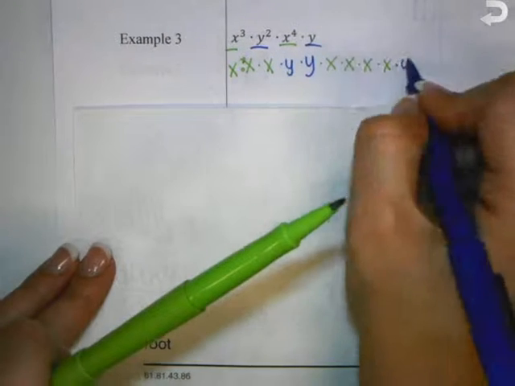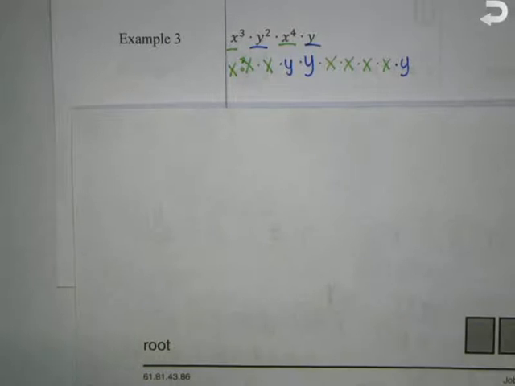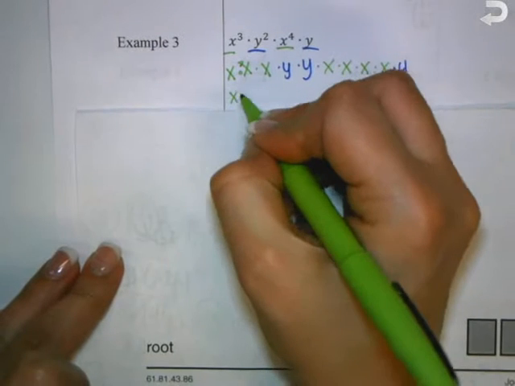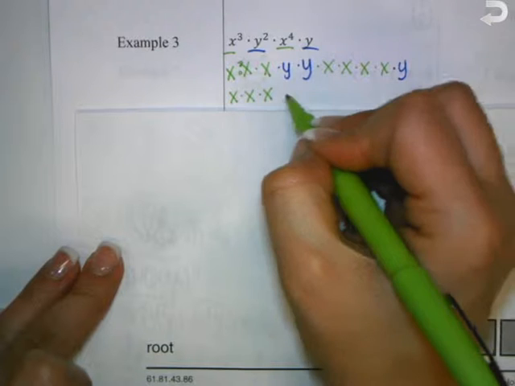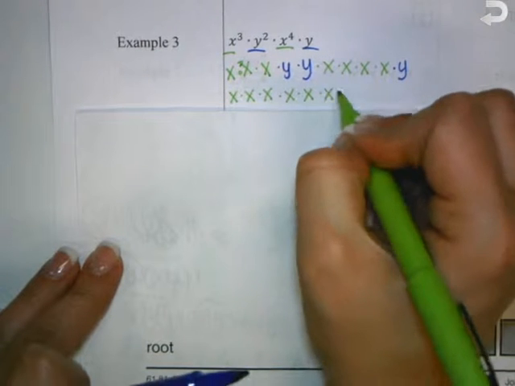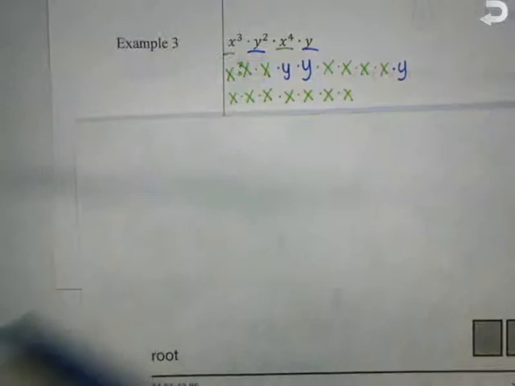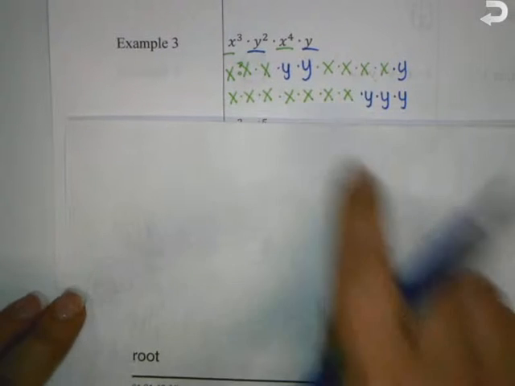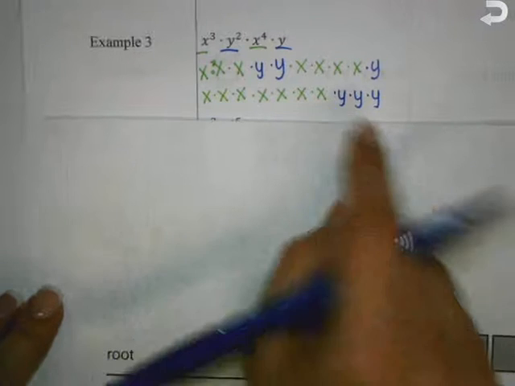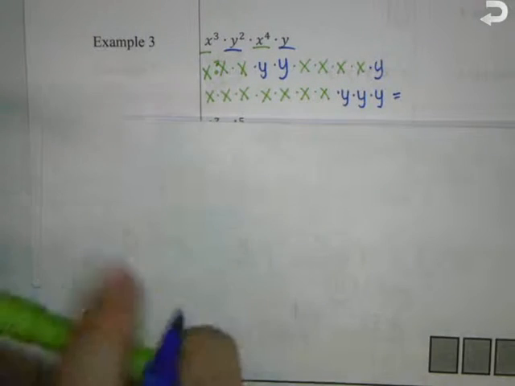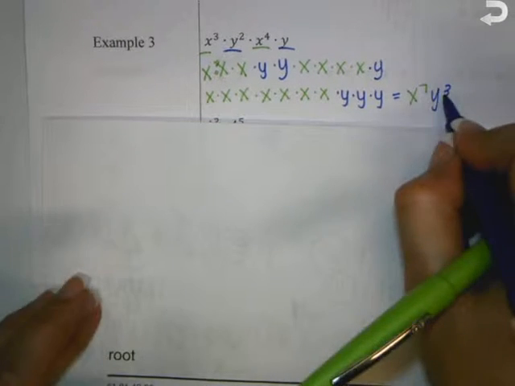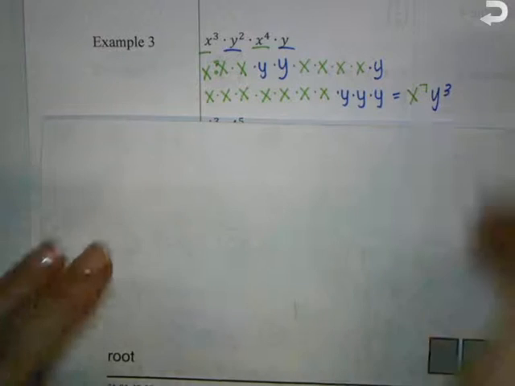Now I want to rearrange these so that all my x's are together and all my y's are together. So that's going to be x times x times x times x times x times x times x, times y times y times y. All I did was rearrange them so they were all together. And that equals x to the what? 7. Good. X to the 7th, y to the 3rd. And that's your answer.